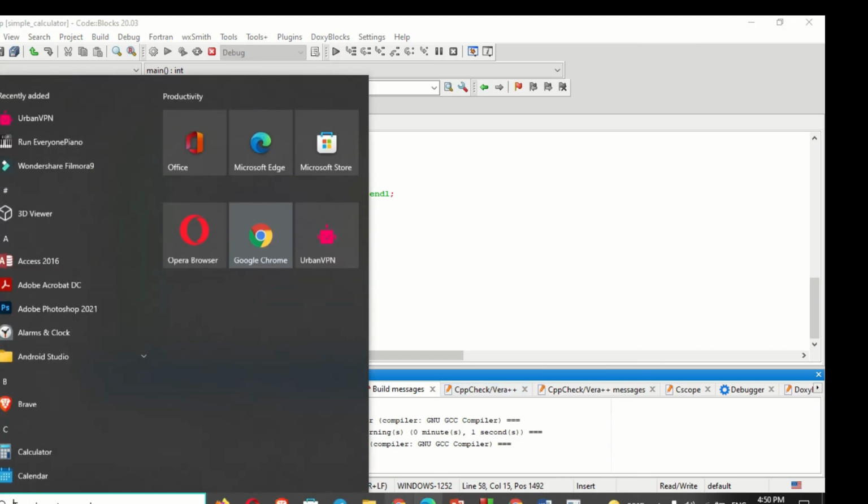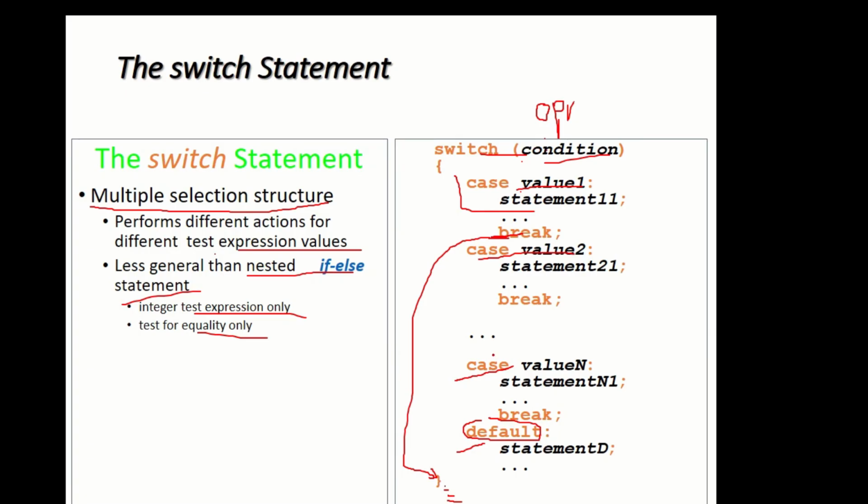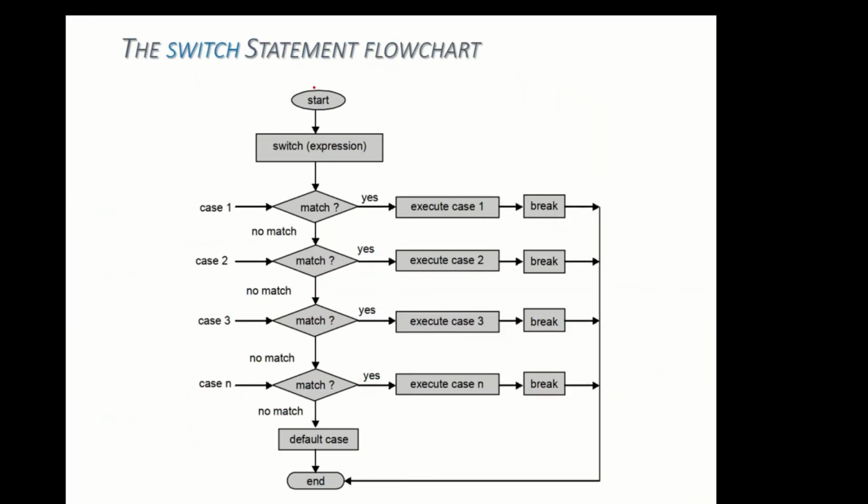Good. Then the next one is how it works, or what it means. It looks like this. This is the flow chart of how it works. A switch expression is matched against conditions. If the operator is equal to minus, do the statement under this case.